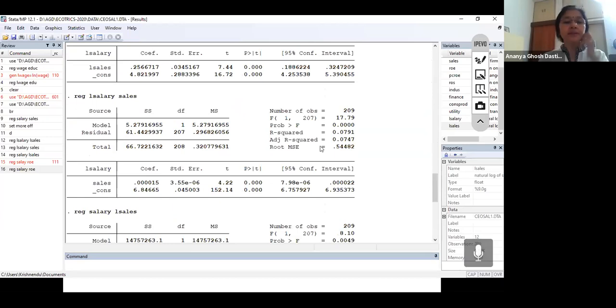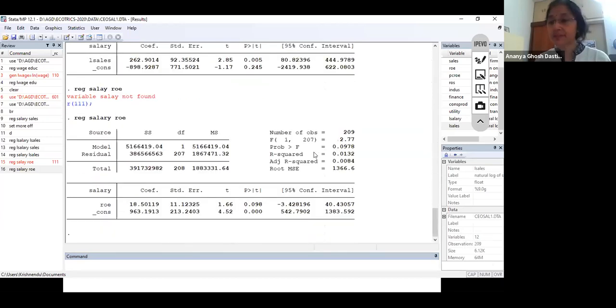So suppose that I have that. Earlier I had sales that was measured in millions of dollars. But suppose I have return on equity, which is a percentage, and I get this result. How do I interpret that? This is going to tell me if ROE increases by 1 unit.